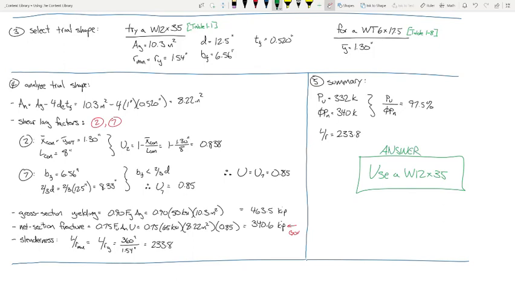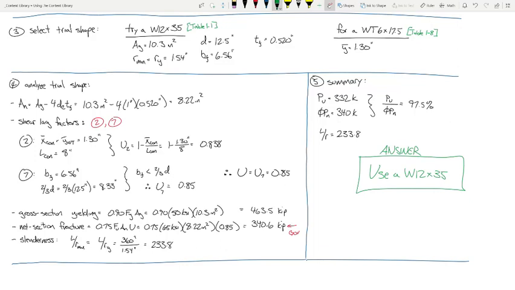I think that's a winner right there. I want to spend the rest of the time talking about block shear, so I wanted to get through this part pretty quickly. And again, if this number was over 100%, we would just go to the W12 by 40 and redo all this, and keep doing that until we get one that works.